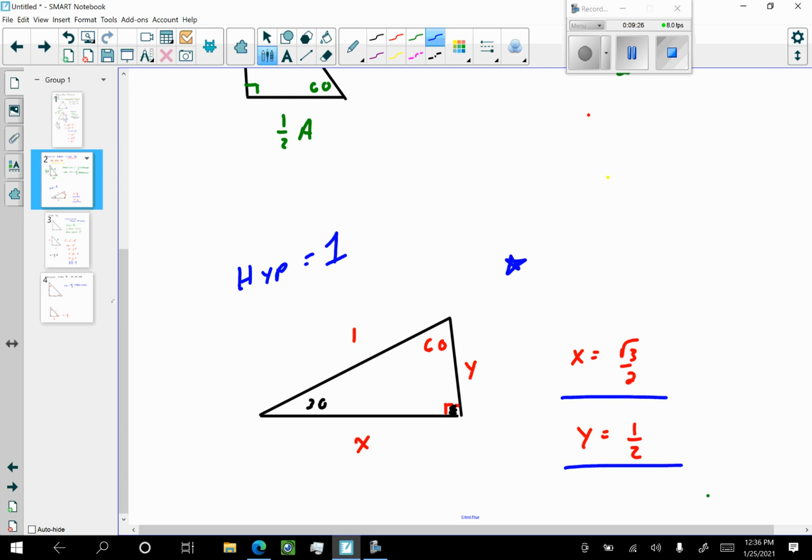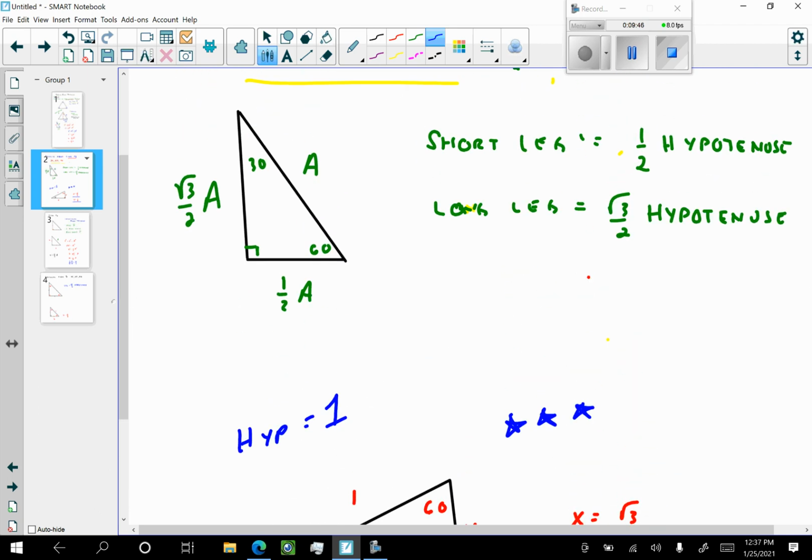Extremely, extremely important. So this is a specific case of the 30, 60, 90 right triangle where the hypotenuse is 1, short leg is 1/2, long leg square root of 3/2. For all of the 30, 60, 90s, this would be your result.